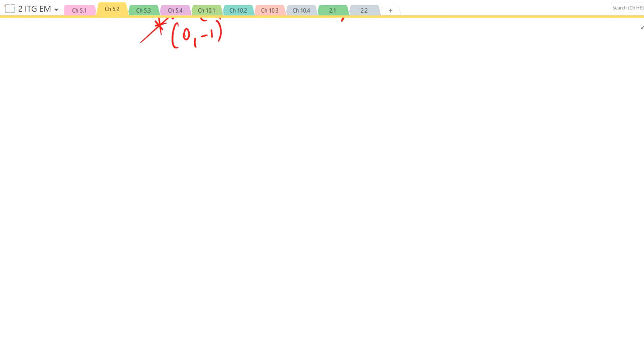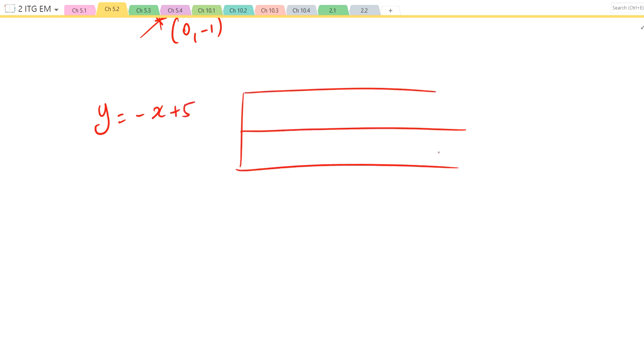Okay, so one more example. For example, we have y equals negative x plus 5. Again, we can plot the points out, x and y. So these are some of the values that we can have: 0, 5, 2, 3, 4, 1, 6, negative 1.